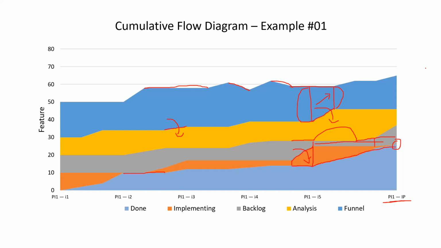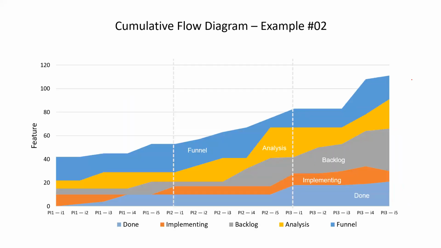Okay. Let me show another example of the cumulative flow diagram. Take a couple of minutes and analyze what might have happened. And there are dotted lines. First, look at section 1. Then let's go to section 2.